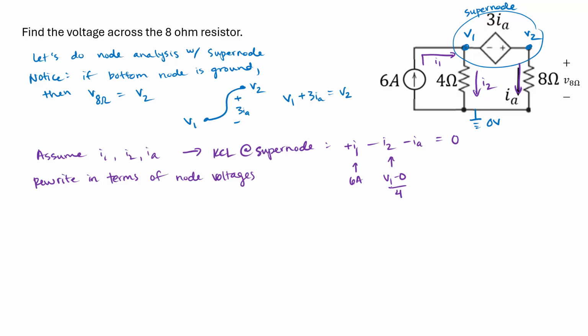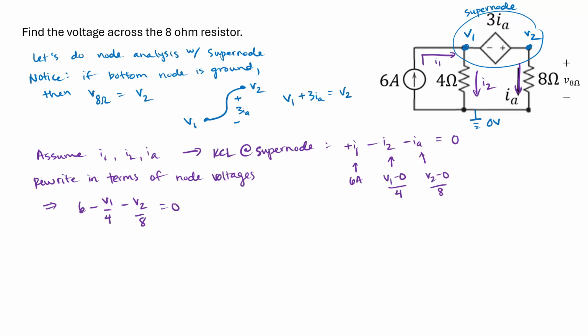And then finally, we have our I sub A, which is given by (V2 minus 0) over 8. So therefore, our supernode equation becomes 6 minus V1 over 4 minus V2 over 8 equals 0.